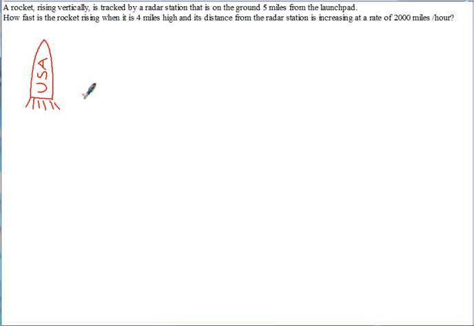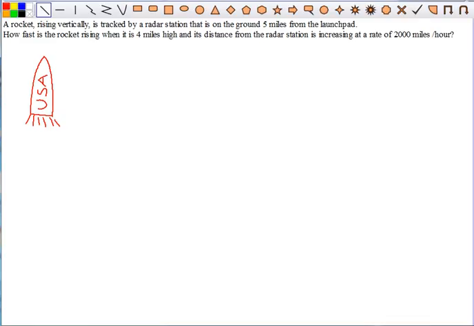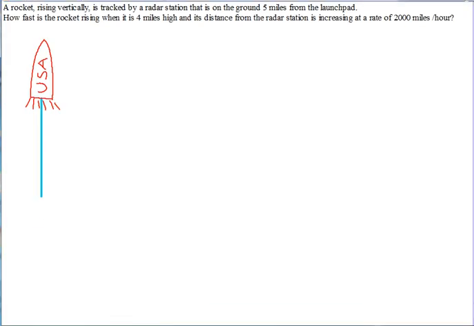And it's rising vertically. We've got some launch pad here. And if you don't know how to draw something, you can always just label what it is. So I don't really know how to draw a launch pad, so I'm just going to label it. Okay, there's my launch pad.